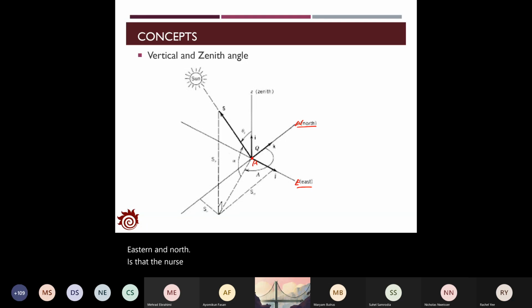This is the horizontal plane, the east and north plane at the reference point A. And you can also find the vertical line. So this is the vertical line.